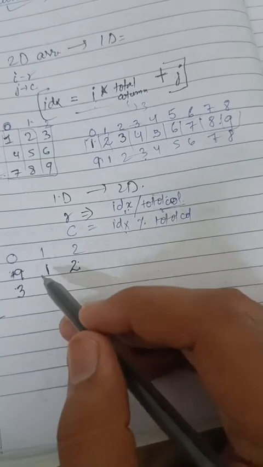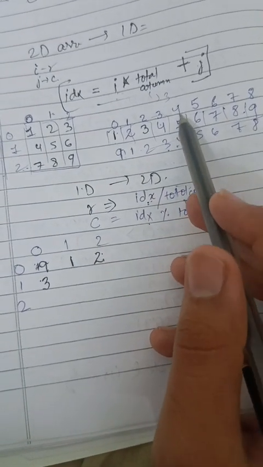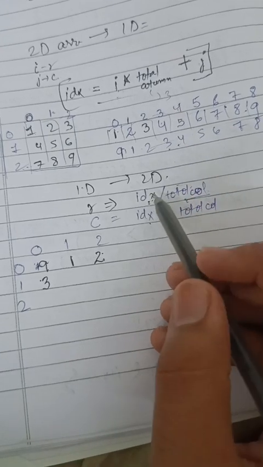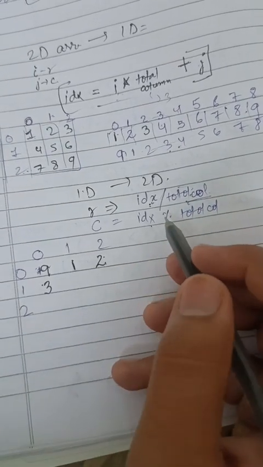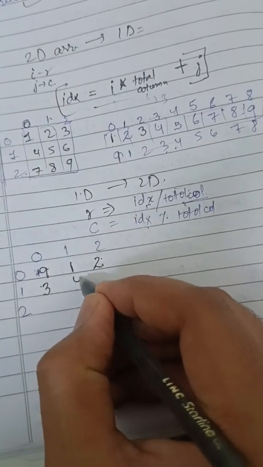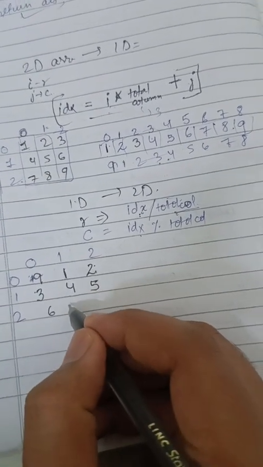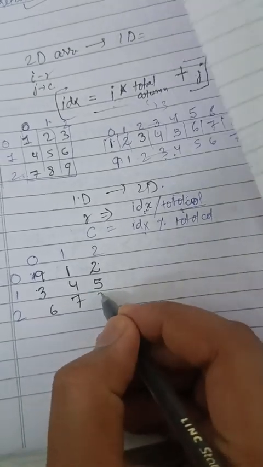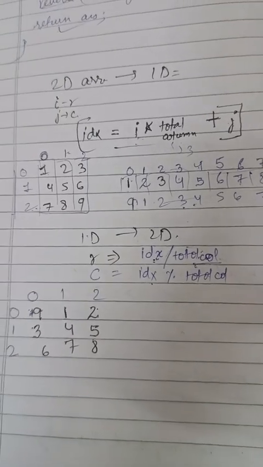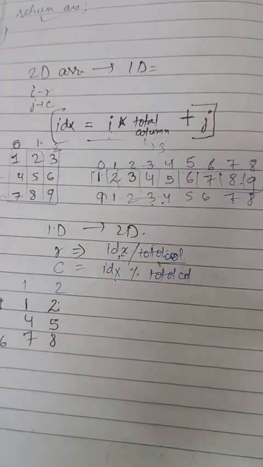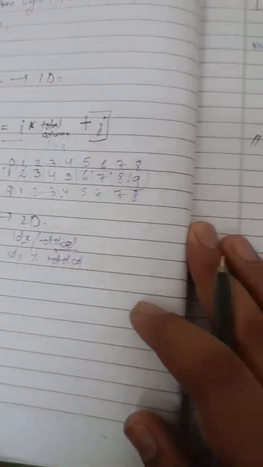Now at index 4, 4 divided by 3 is 1, and 4 modulo 3 is 1, meaning 4, and similarly it will be 5, then 6, then 7, then 8. If you want, you can do it manually to check it. I have done it, so I am telling you my way.